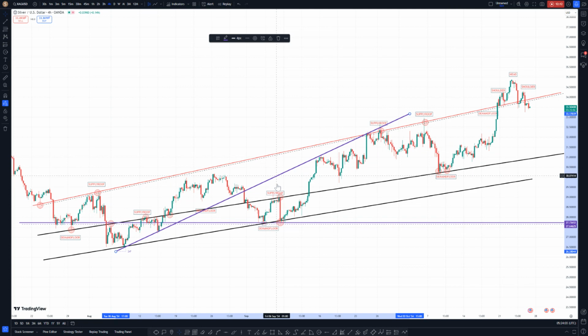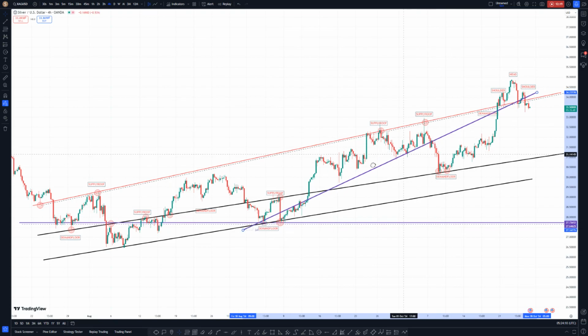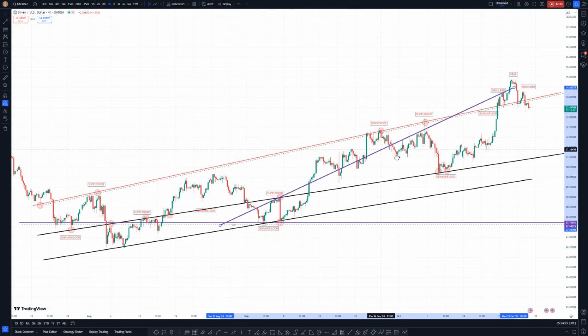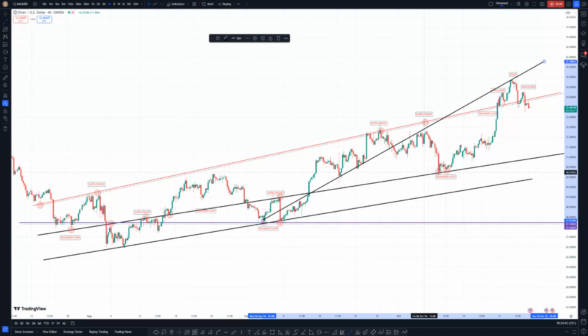You see? So we have another structure. I will change the color to red.